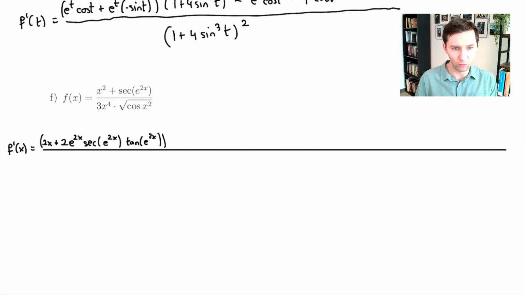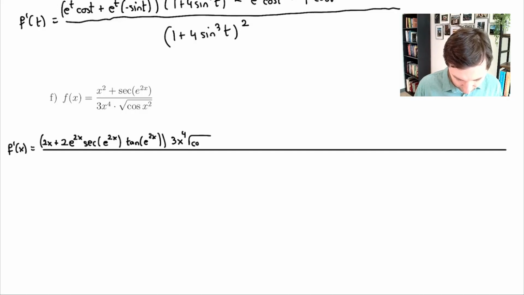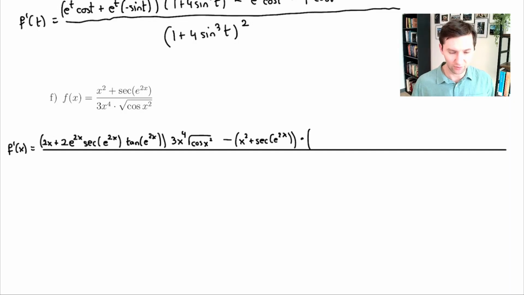This is the derivative of the top function. I'm supposed to multiply it by the bottom function. So multiply it by 3x to the fourth root of cosine of x squared. Then I subtract from it the top function, x squared plus secant e to the power of 2x, multiplied by the derivative of the bottom function.